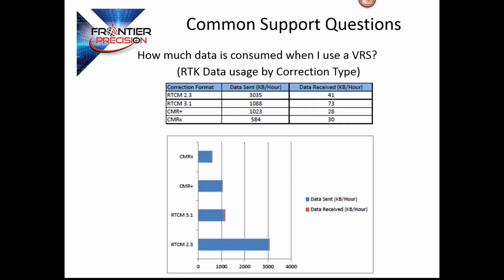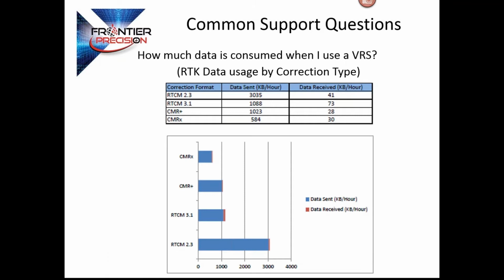If I'm using different correction formats from the VRS, because when you connect you'll get choices like RTCM 3.1, and you get a choice of CMR Plus or CMRX, how much data is being received and throughputted to your controller from the server? So how much data am I using in a monthly period?